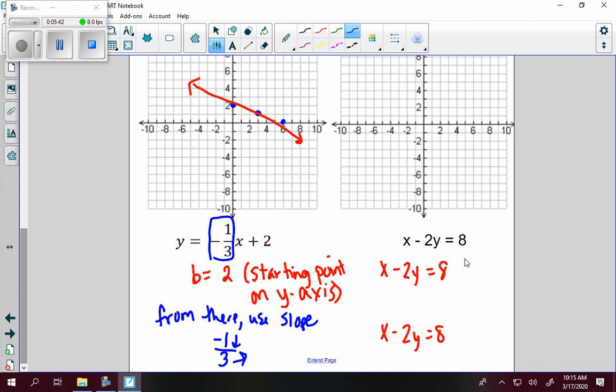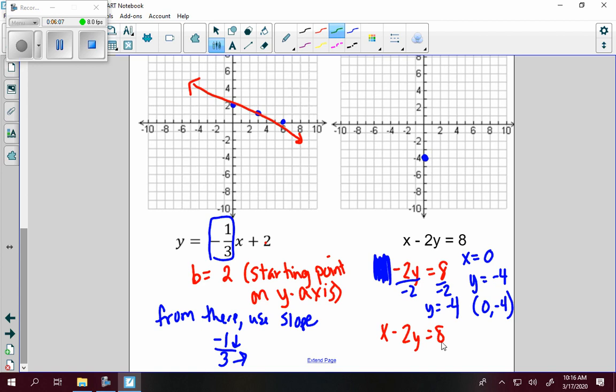So when I say that x equals 0, then what is y? If x is 0, it does not exist. So I'm going to make it not exist. And I'm going to divide by -2 to find out what my y would be. Y would be -4. So my first point would be 0, -4, and I will plot that at 0, -4.